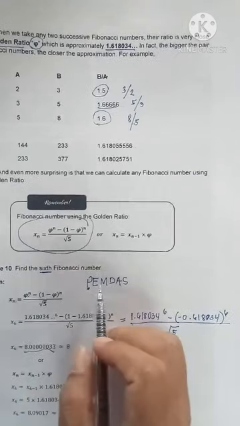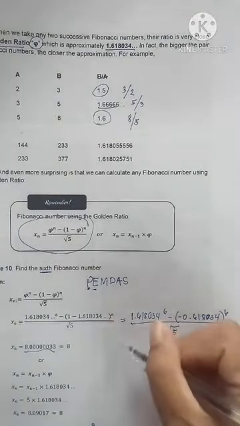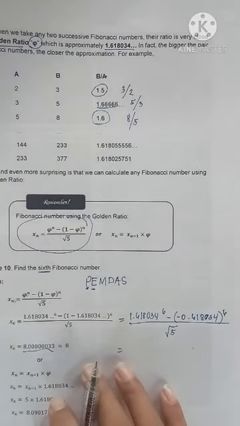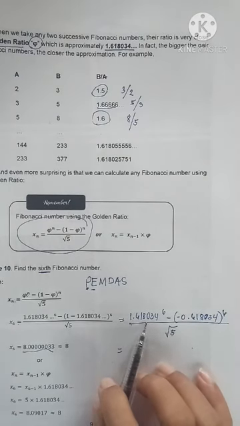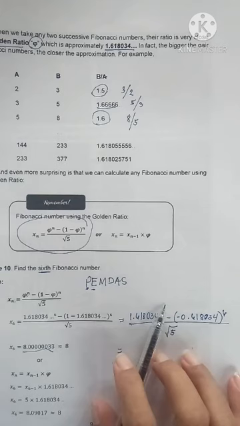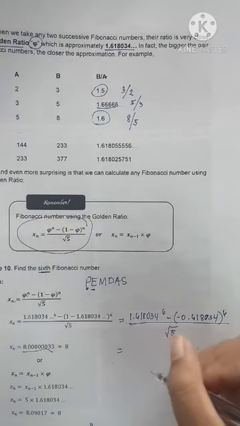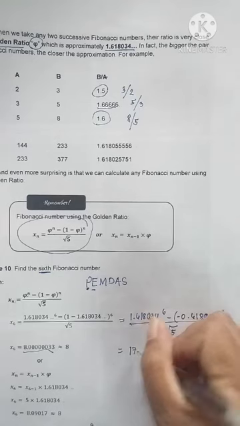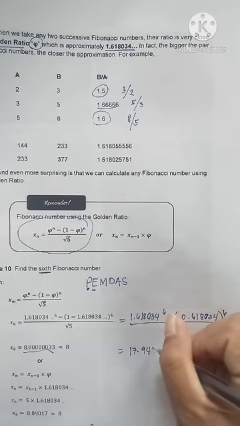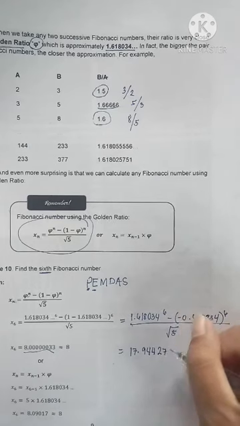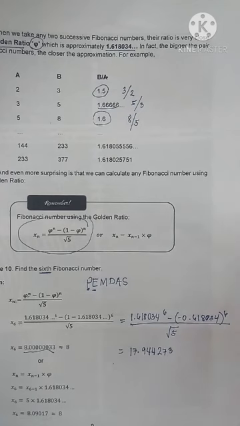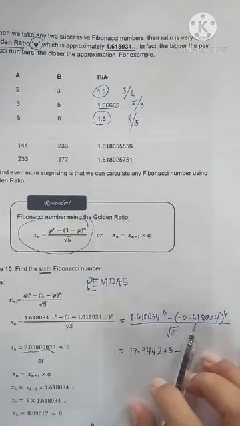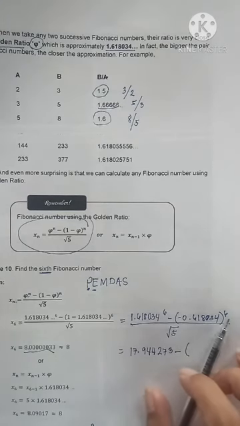Next, we have to simplify the exponents. We have 1.618034 raised to the power of 6. Its answer will be 17.944273 if we round it off. And then just copy the minus, and then negative 0.618034 raised to 6.